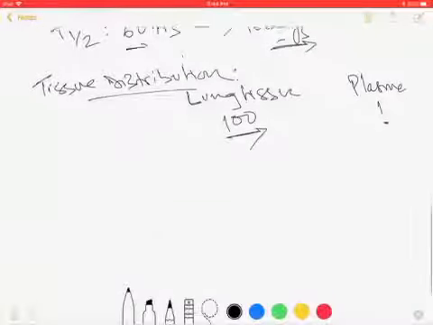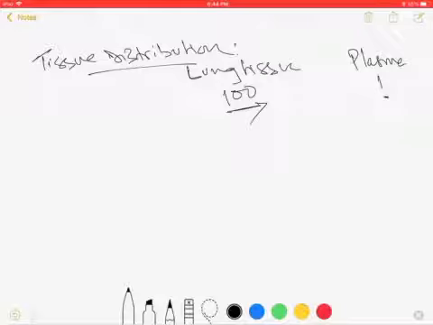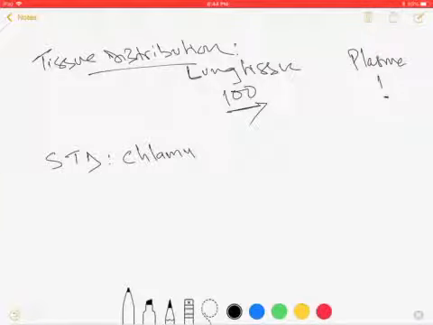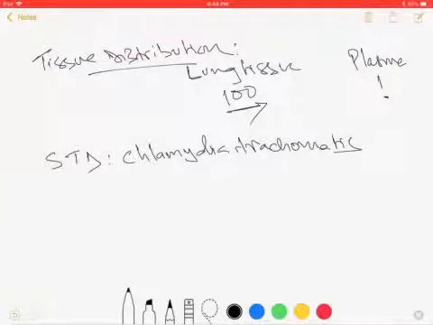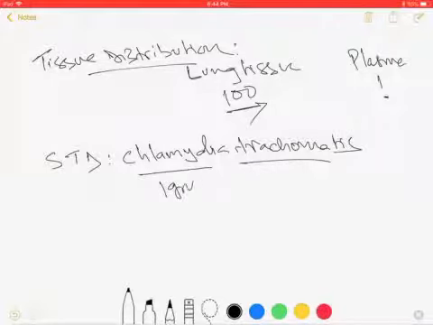The other place that we use azithromycin is to treat STDs. One of the most common causes of STD is chlamydia trachomatis. And to treat chlamydia, we give again a 1 gram dose of azithromycin PO one time.